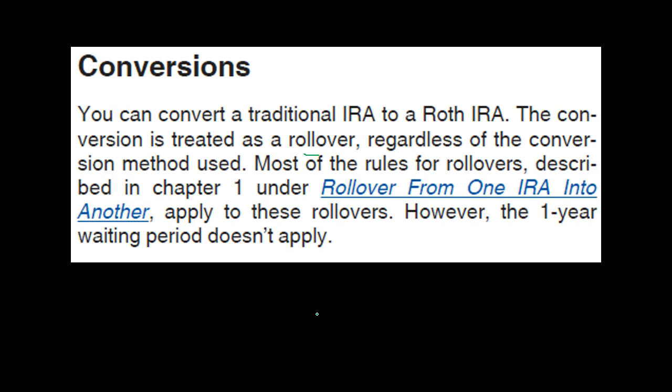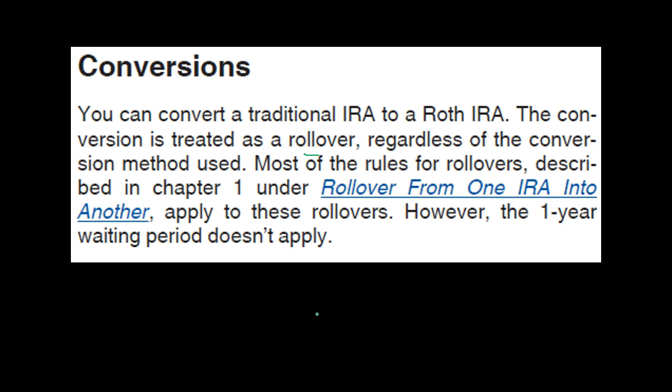So when you do the rollover, you want to make sure you're in accordance with the presentation we looked at earlier on the rollover from one IRA to another. They apply, but now we have the added wrinkle of one being traditional and the other being the Roth. So now we're going to think about the things that are different from rolling over from one IRA to another when they're not different in nature.